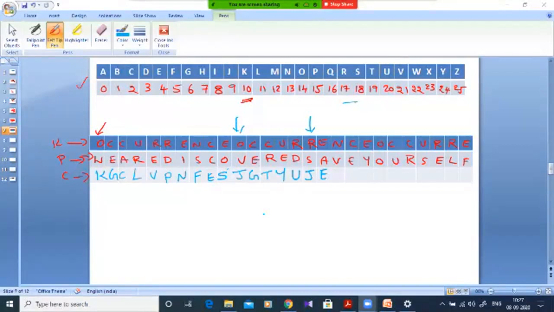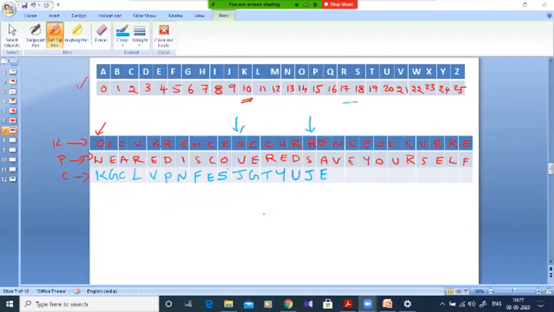See how very simple it is. This is the key, right? N. Which number does the alphabet N represent? Go to this table. N means 13. Correct? Plus V. V means what number? 21. Then the modulo operation.